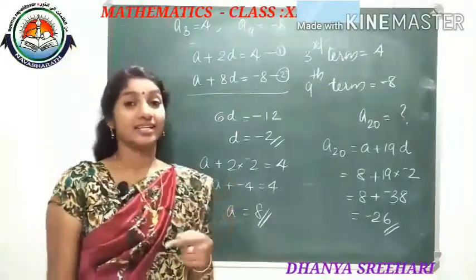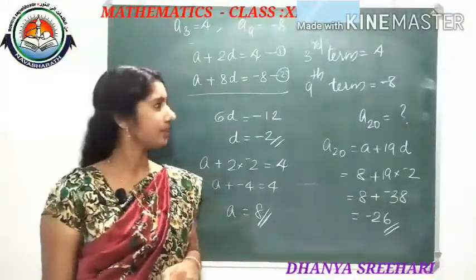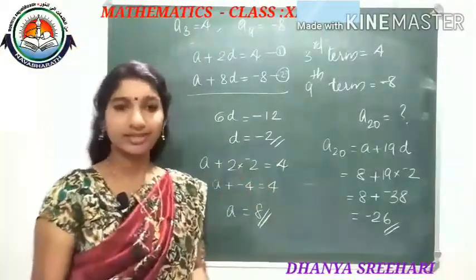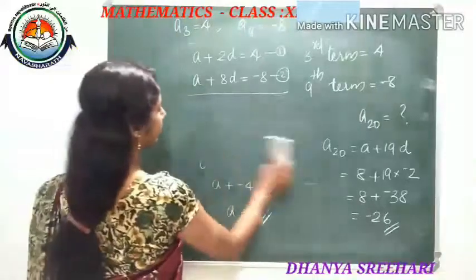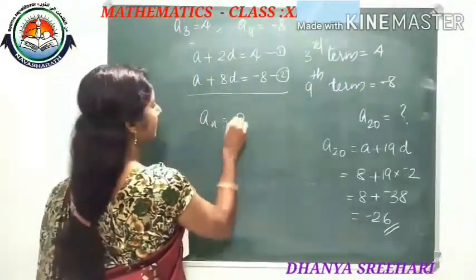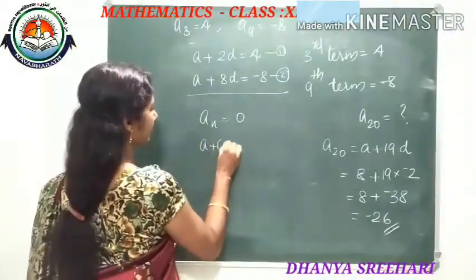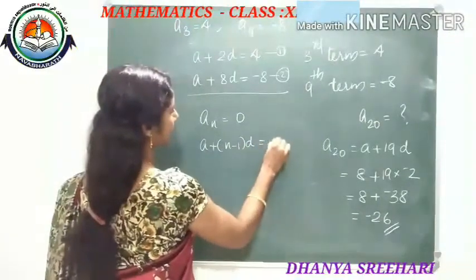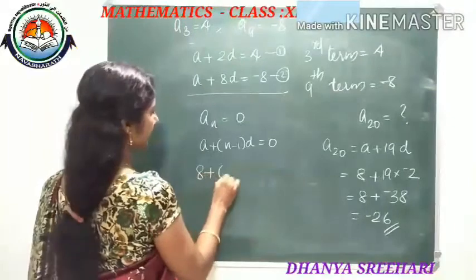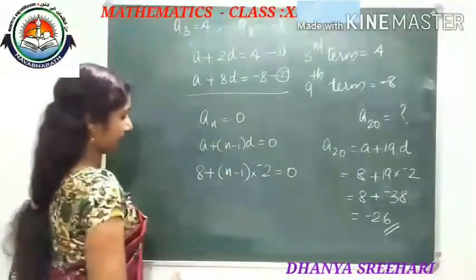Then the question asked is, which term will be 0 of this AP? A is 8 and D is minus 2. So let us assume the nth term will be 0. Then A plus n minus 1 into D is equal to 0. A is 8 plus n minus 1 into D, which is minus 2, is equal to 0.